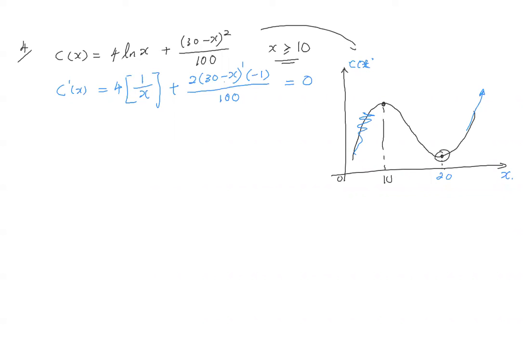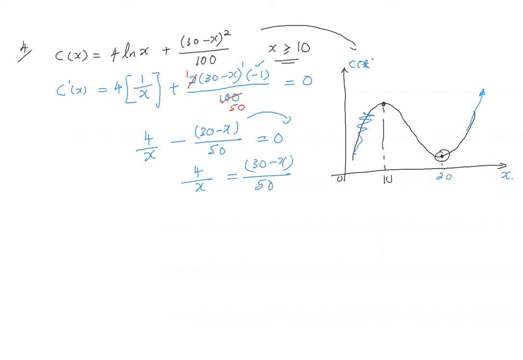So now I can simplify this. 1 over 100 here becomes 1 over 50. So I have 4 over X, take away, because here is a minus, (30 minus X) in a bracket, over 50, equal to 0. So I bring this over: 4 over X equal to (30 minus X) divided by 50.